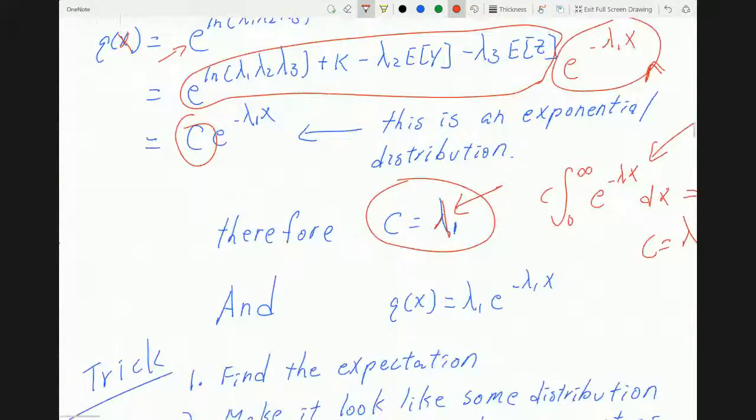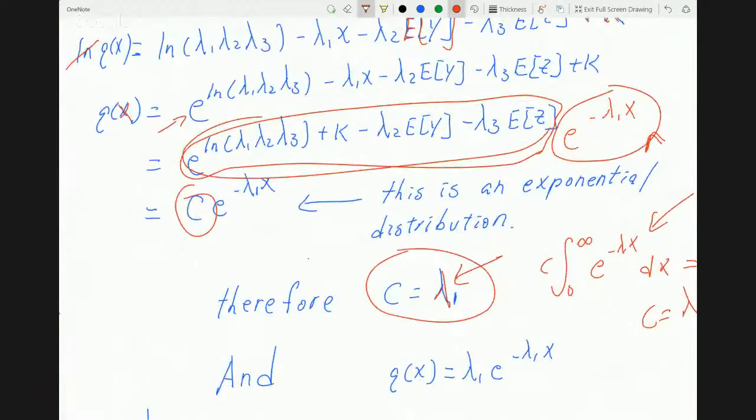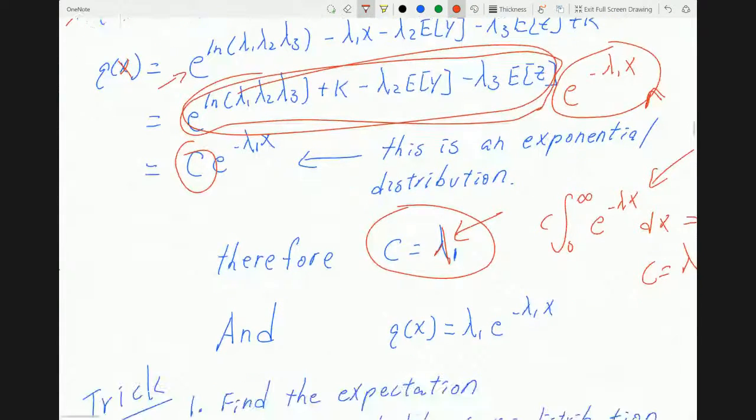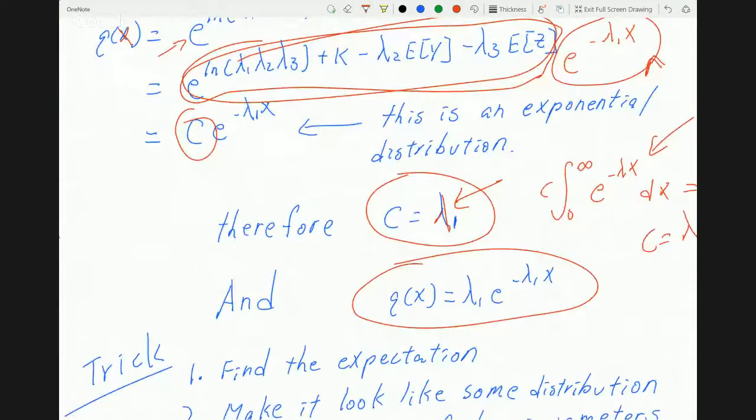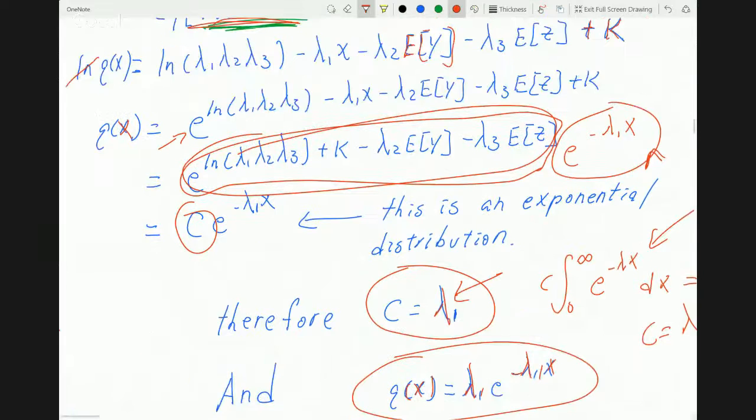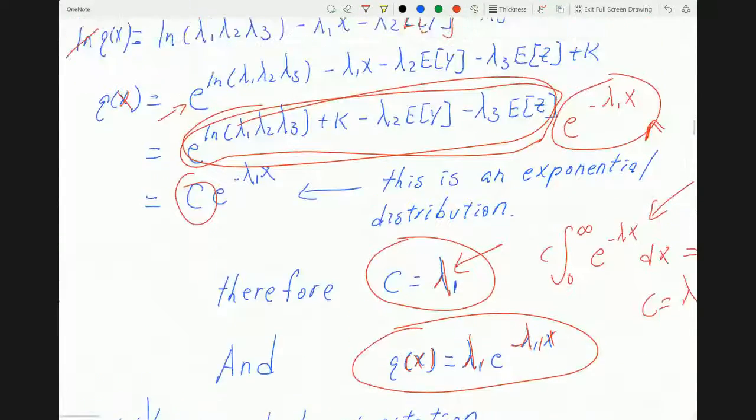And therefore, we actually didn't need to know anything. It just automatically tells us the result that q of x is equal to lambda 1 e to the minus lambda 1 x. That was pretty convenient. We didn't have to go and solve anything.